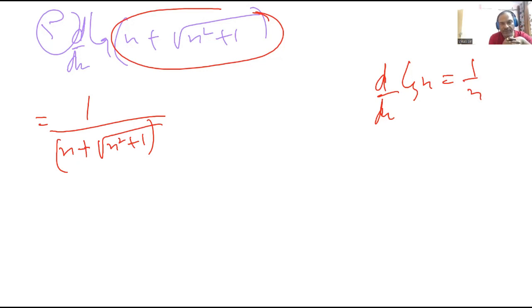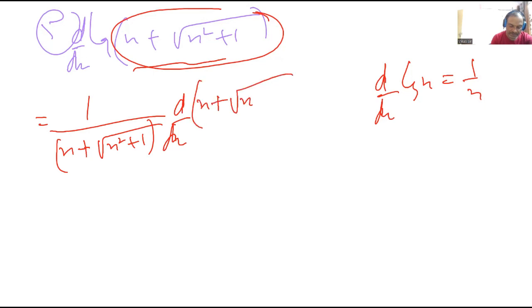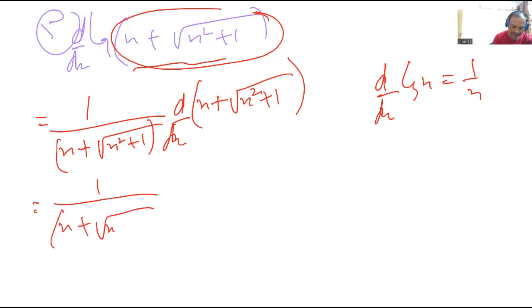Now what we have to do further? We have to differentiate this whole part again. Therefore, d by dx of x plus under root x squared plus 1. What will there be? There will be 1 over x plus under root x squared plus 1.